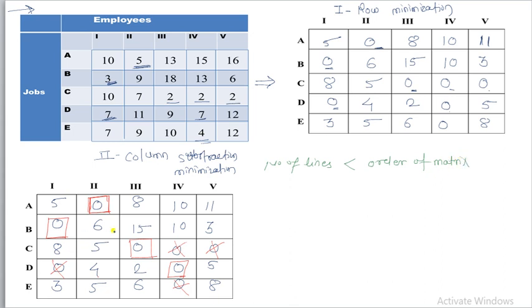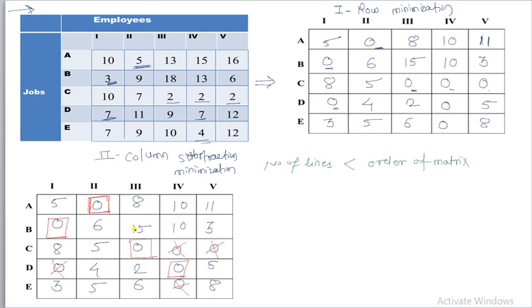Here the order of the matrix is 5, so our lines should be 4, 3, 2, 1, whatever is possible. If it becomes equal to the order of the matrix, it means a solution must exist. So let's check it out.